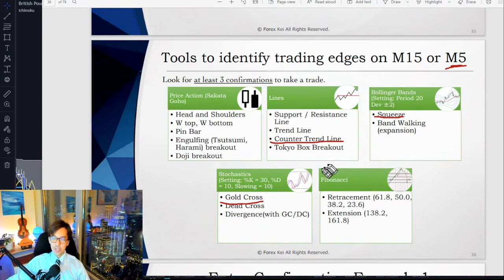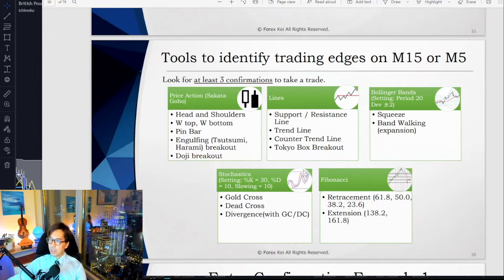The combinations can be any. If you can find at least 3 confirmations, it should be fine. Sometimes I see a doji breakout and a Fibonacci bounce, Fibonacci retracement. And if it's JPY, then I take a Tokyo box breakout. When I find 3 confirmations, I take a buy.